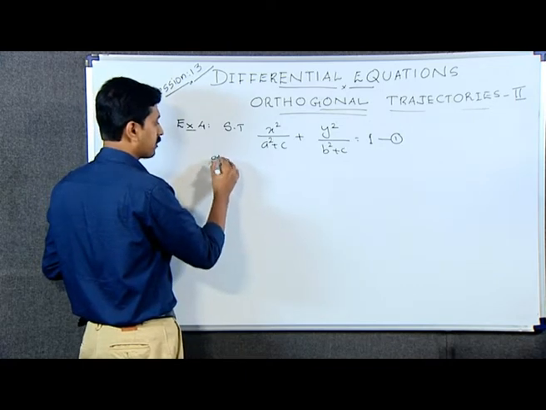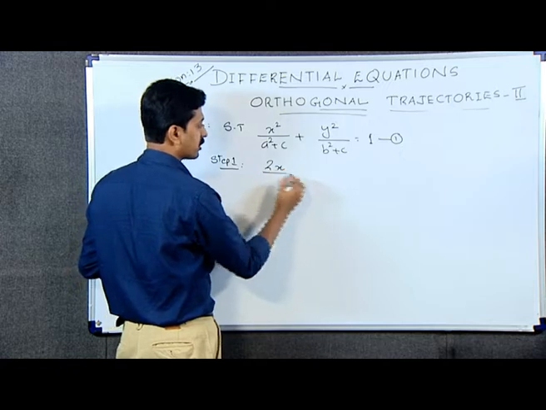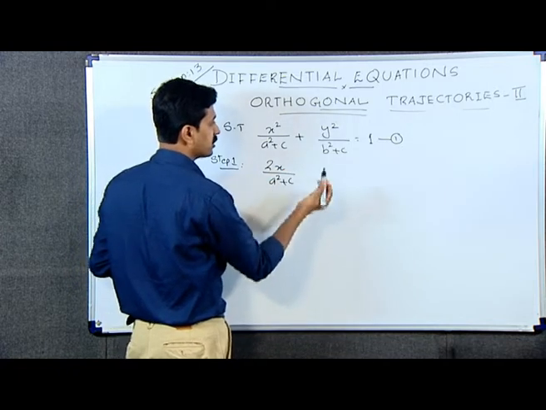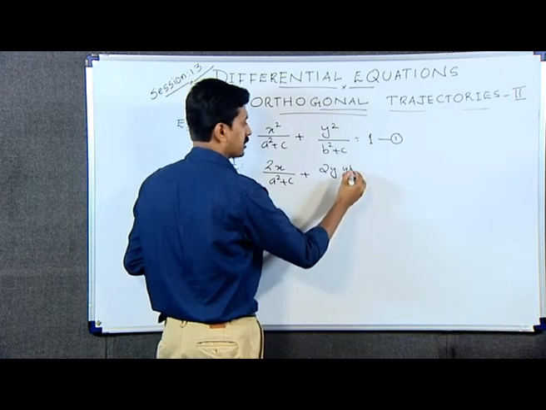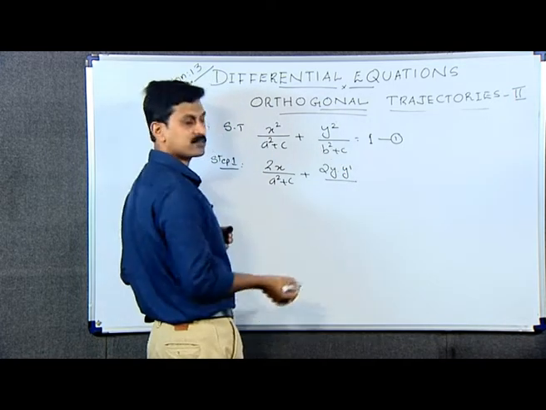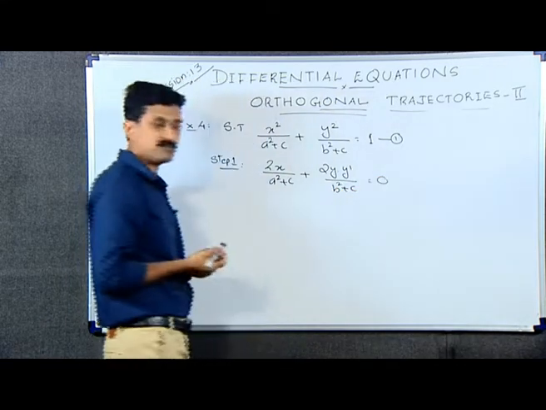So, I am going to differentiate this one. While differentiating equation 1, we will have the derivative of x square, which is 2x, divided by a square plus c, plus 2y, the derivative of y square being 2y, and as we are differentiating y with respect to x, y dash is there, divided by b square plus c, equal to 0.